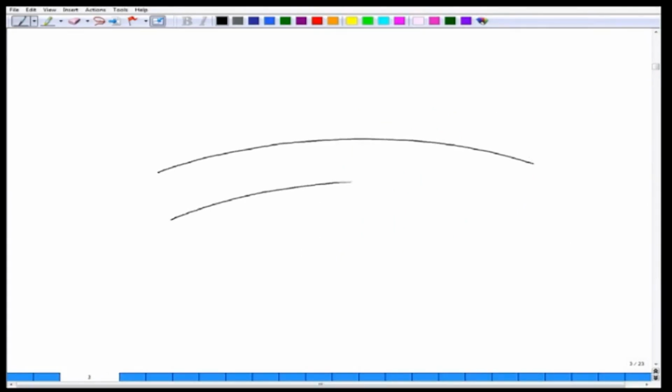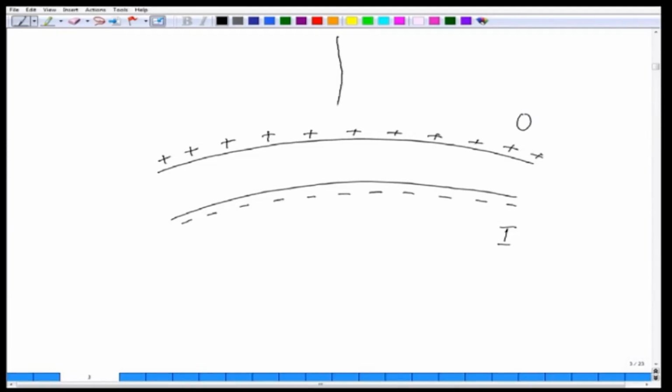If this is part of the membrane with a lipid bilayer, and this is inside shown by I and this is outside shown by O, then inside it is negatively charged with respect to outside. These are the negative charges, and outside it is positively charged. So, it is almost similar to a parallel plate capacitor. If I connect a wire out here, and I connect a wire out here.